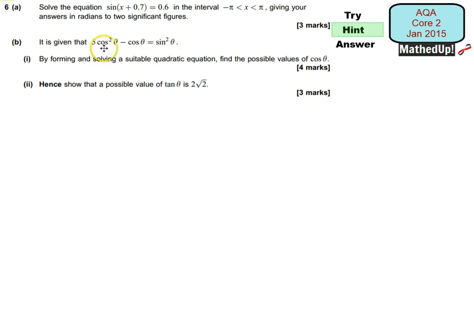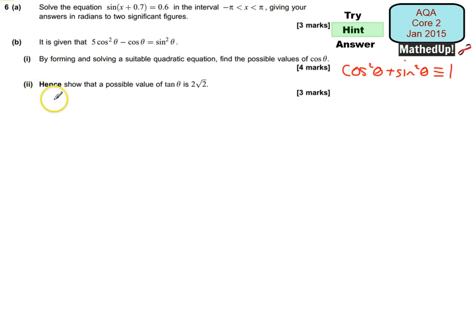So what you want to do is write this using just one of the trigonometric ratios, so either just cos theta, or just sine theta. So one of the identities that you could use here is cos squared theta plus sine squared theta is always equal to 1.